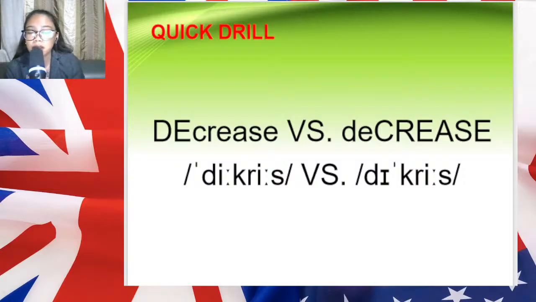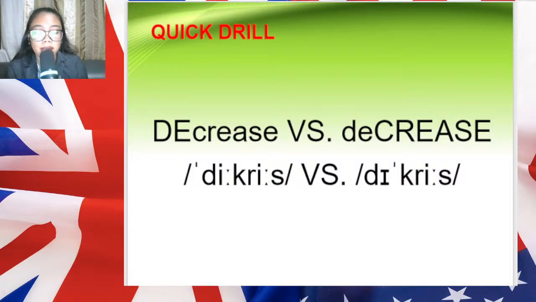How about the second word? Decrease. This is a verb, no? And we're talking about to reduce or to make something lower. Like, for example, we need to decrease our spending this month. Okay? See how just changing the stress from the first syllable to the second gives us a completely different role and use? Let's say each one clearly together.